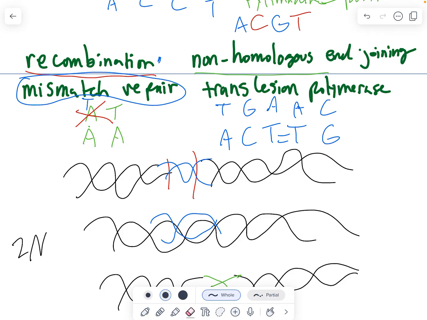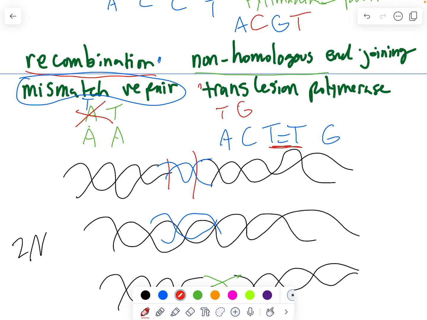So if we're trying to copy this, we can't form hydrogen bonds because we've lost those available polarities, so we can't bring in those adenines. So we can use what's called translesion polymerase.